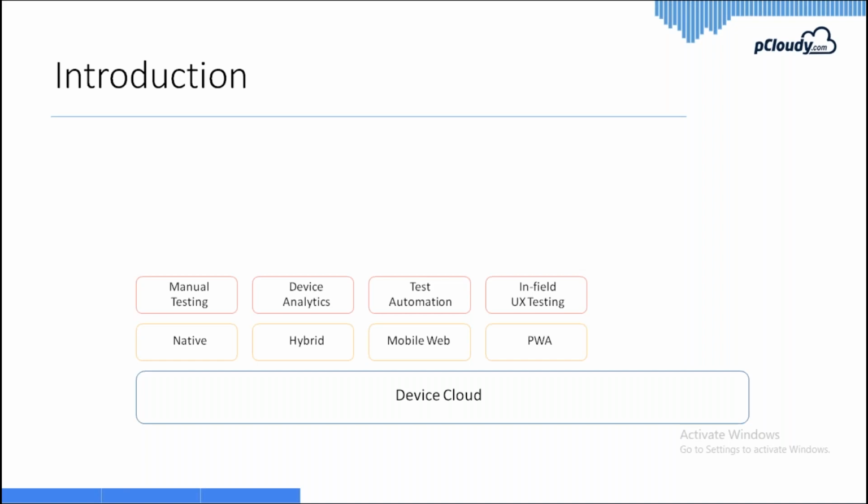In addition to that, we also have something called in-field UX testing. It's something which is widely used nowadays. Before we release the application in the market, we want to get the real feedback from the real users from the market. So if that's the case, you can use pCloudy. It's a single-stop shop where you can also leverage the partners which we have who will be doing the in-field UX testing for your application.